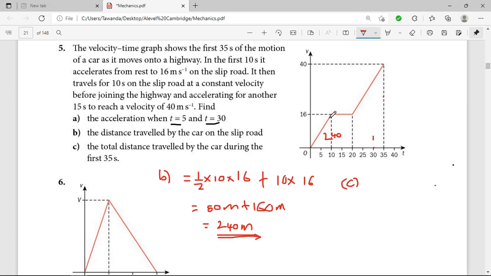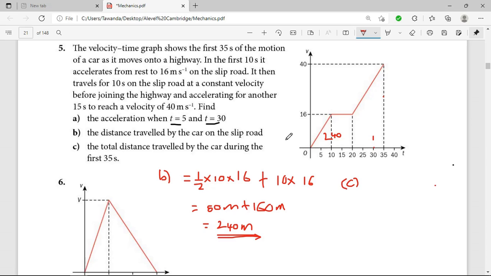One can also use the area of a trapezium, because this shape is also a trapezium: half of A plus B, then times height, which is 60. Still you get the same answer.